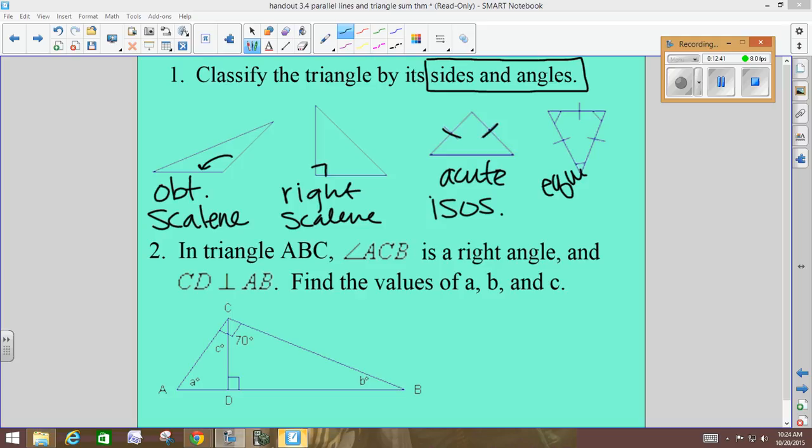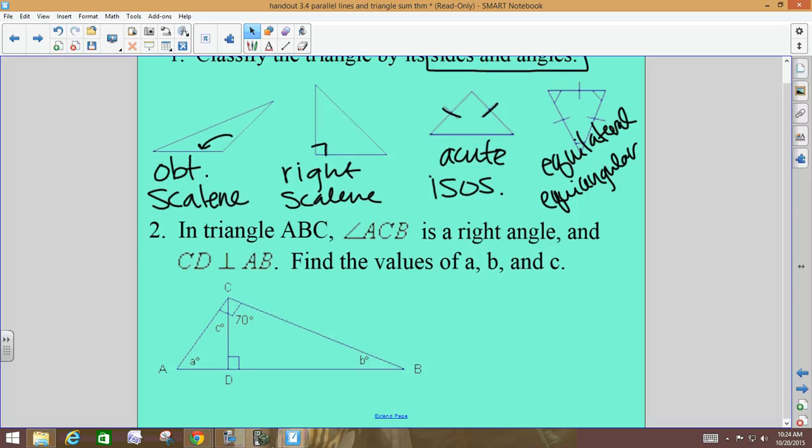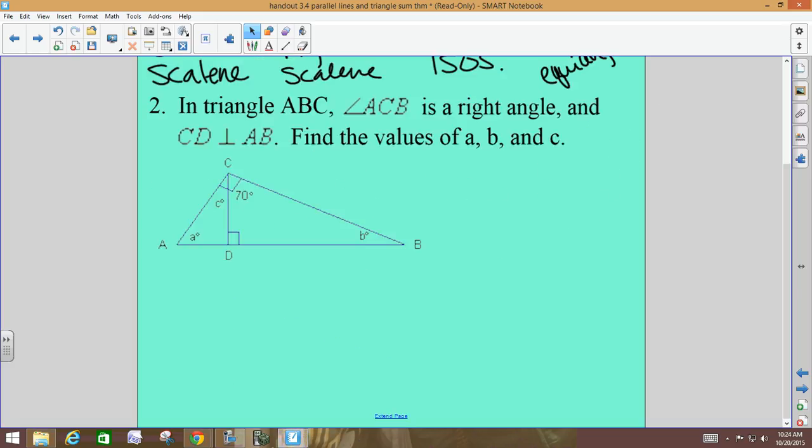Good. Equilateral and equiangular. All sides are equal, all angles are equal. Okay, classifying using our rules from today. The triangle angle sum theorem, all 3 angles add up to 180 inside of a triangle.